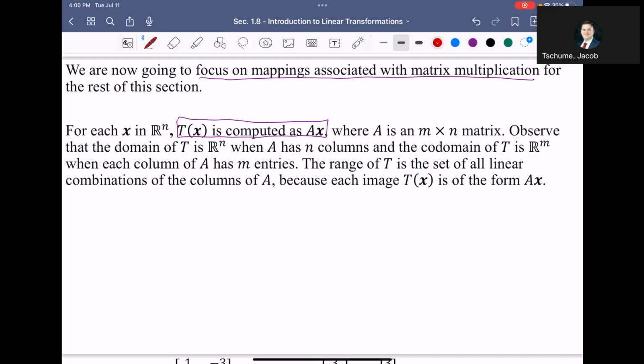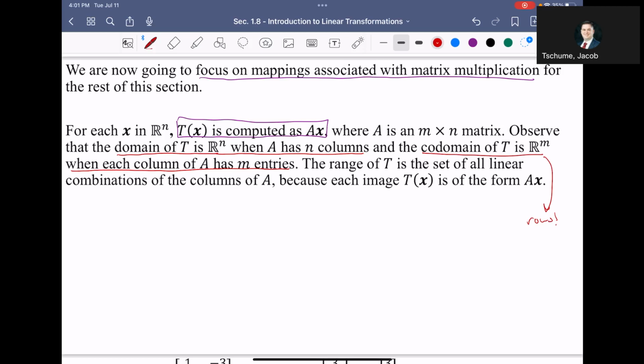Let me underline that part for you: the domain of T is Rn, which corresponds to the number of columns in the original matrix A, and the codomain of T would be Rm, since each column of A has m entries. Another way to think of that is the number of rows you have in your original matrix A.